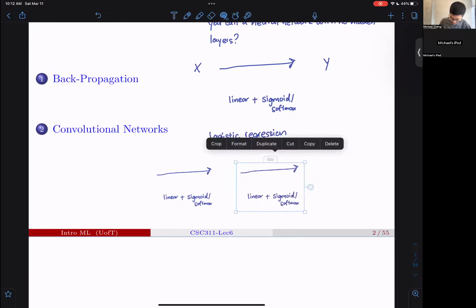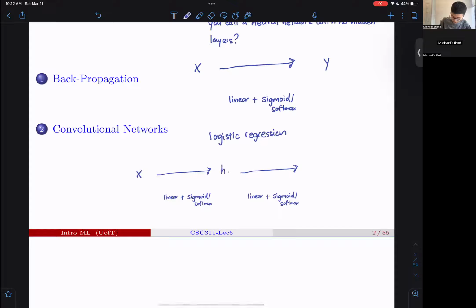So if we had one hidden layer, our neural network would potentially look something like this. And we can imagine repeating this process more times. So with this sort of framing, you can view logistic regression as a special case of neural networks, or neural networks as a composition of multiple simpler units.